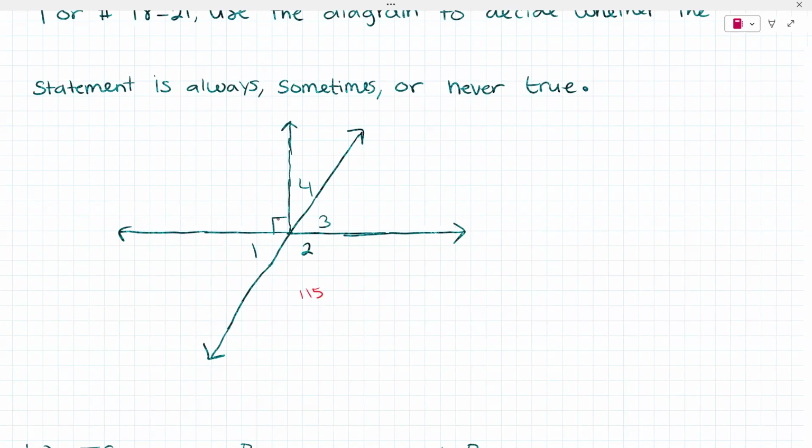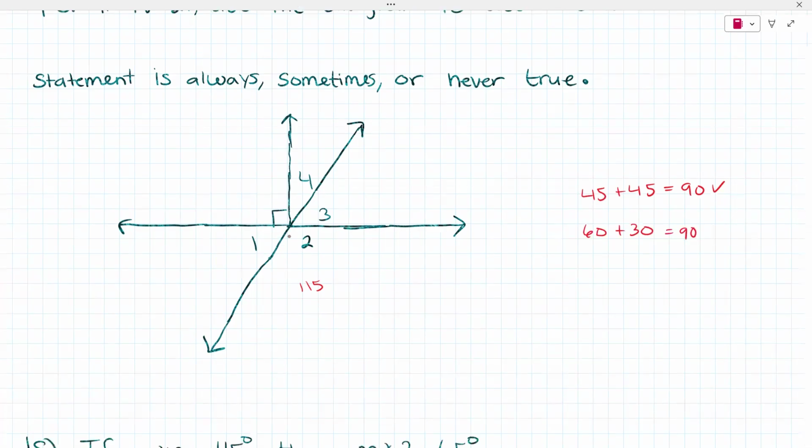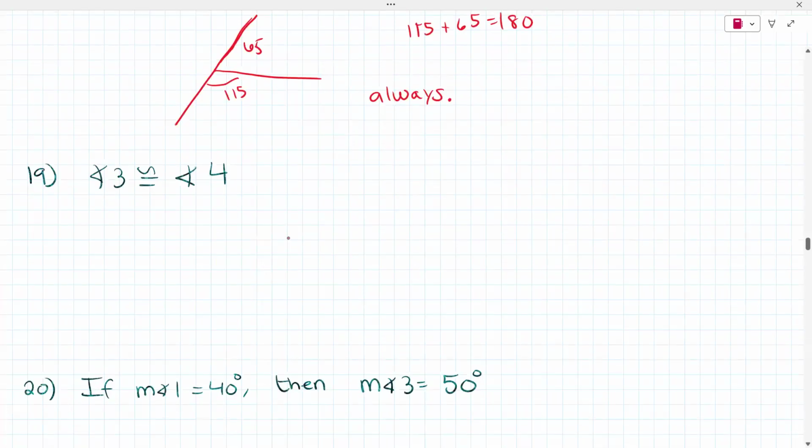So there could be a situation where both angles are 45 and 45. That gives you 90. But there could also be a time when the angles are different but still add up to 90, maybe like 60 plus 30. So it can't be never, it can't be always. So I'm going to say sometimes.